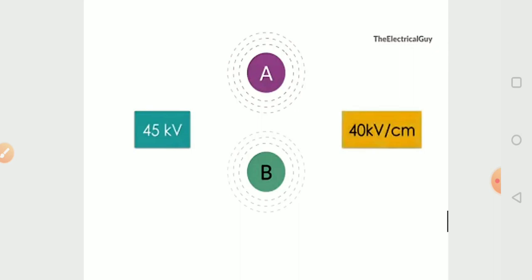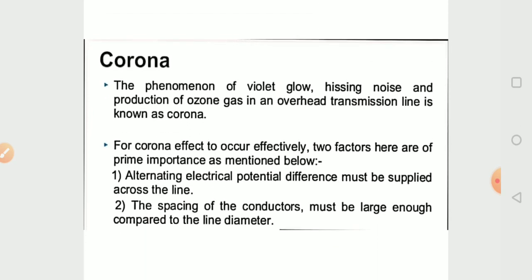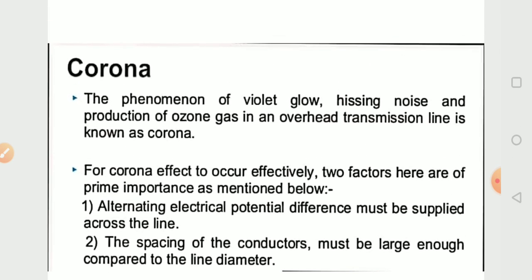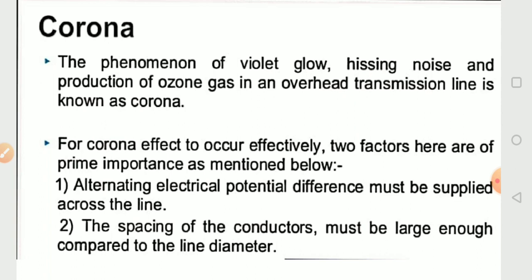The same thing happens with a transmission line, which carries high and extra high voltage, but the only difference is that the distance between the two conductors is more in the transmission line. When the conductor carries a high voltage, the air surrounding the conductor becomes ionized.